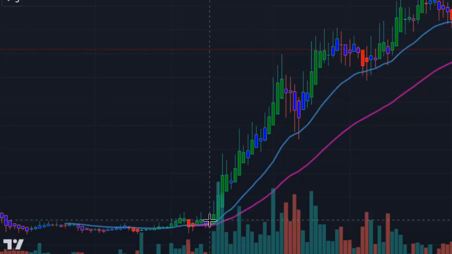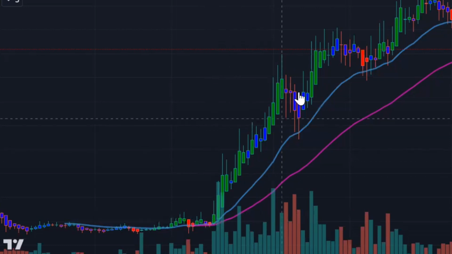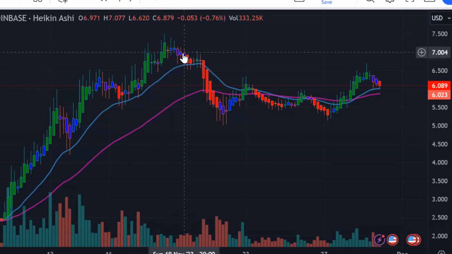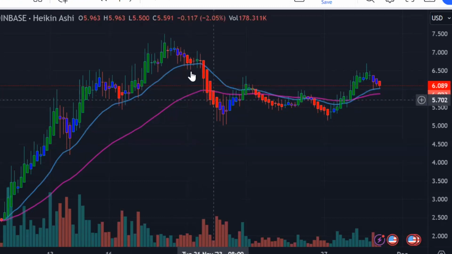We bought in at like 2.49 on a live video, and we both market bought, and the next thing you know, this happened. All in a matter of like a week, we went from $2.49 to over $7. Since then, we've had a little bit of a correction, which is healthy.